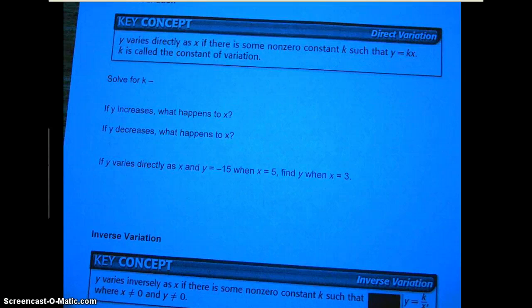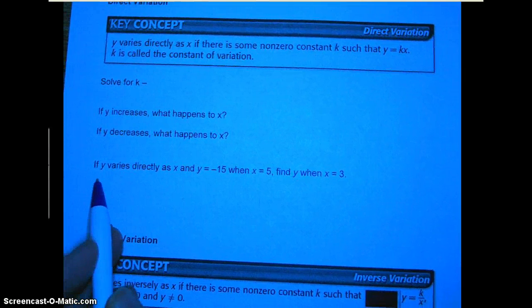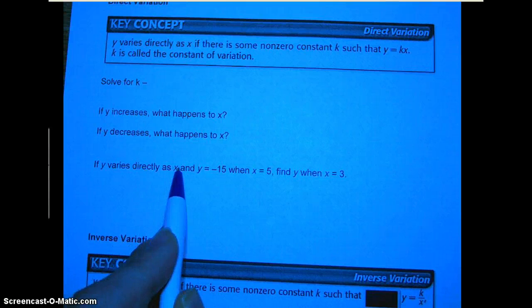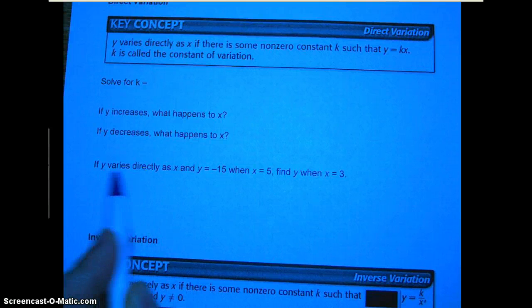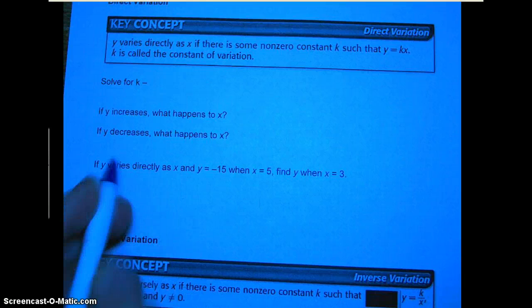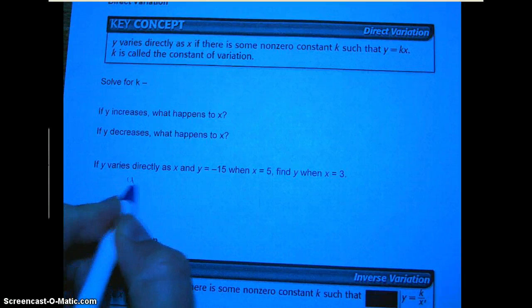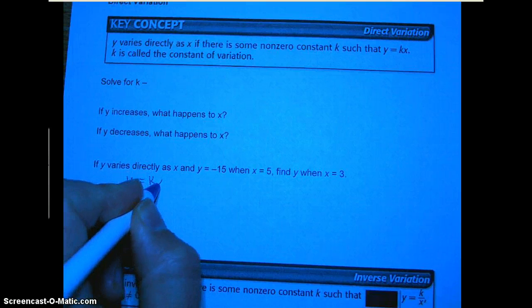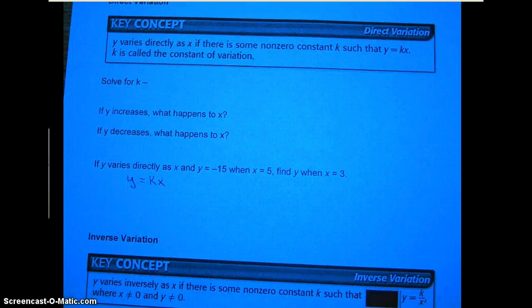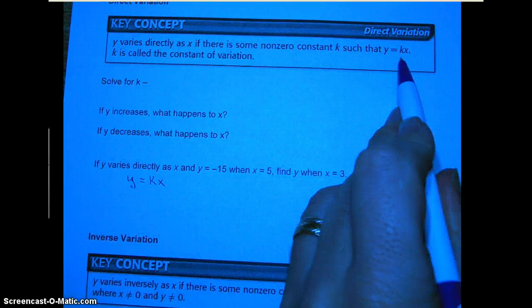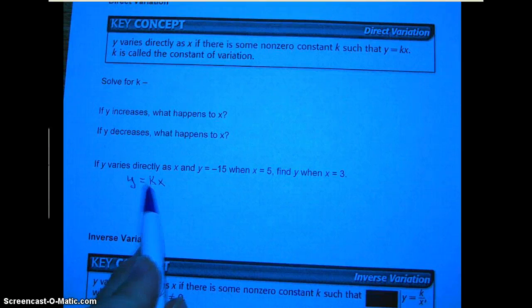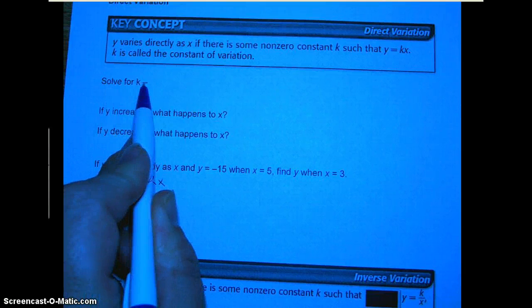So let's take a look at the problem. It says here that y varies directly as x. So right away, when you read that, you should automatically think y equals kx. Okay, we got that up here. The next thing we want to do is solve for k.